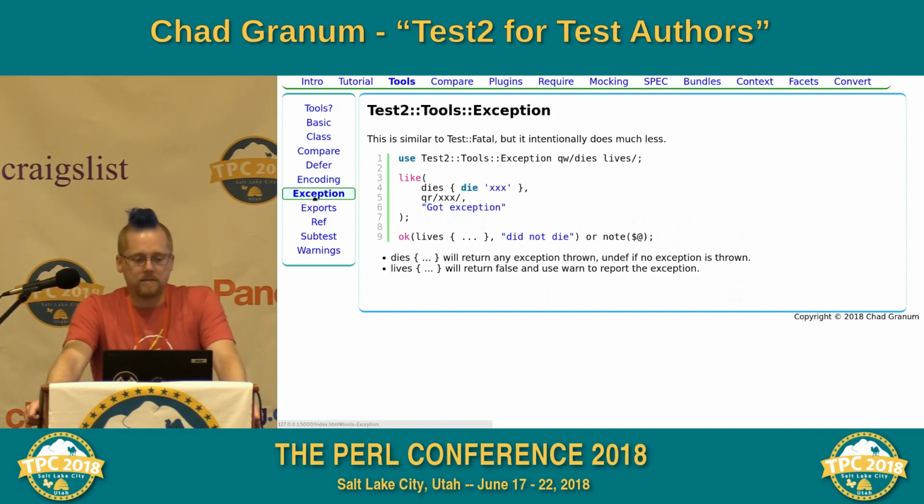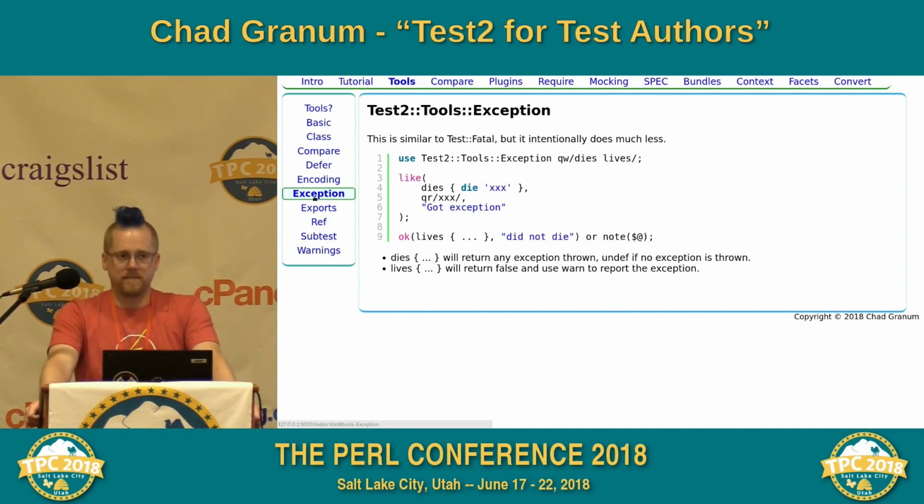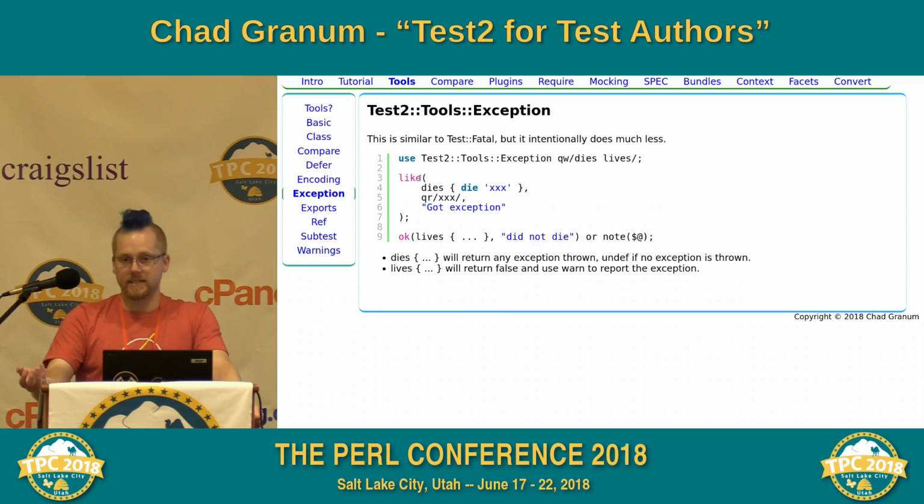Exceptions. So Test2 has a tool similar to what Test Fatal provides, except it does a lot less for you. That is by design. So if anyone here has used Test Exception, you know that it can accidentally match against a stack trace because your arguments to the test tool itself will be in the stack trace.